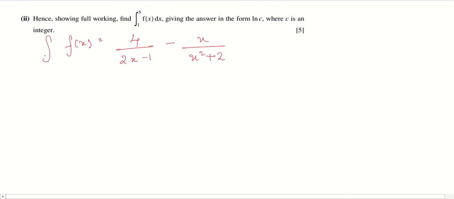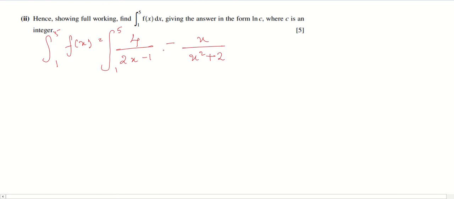It's written as the integral of f of x with limits 5 and 1. That means we'll have to integrate the partial fractions that we found, and that's the reason why they made us write f of x in partial fractions.